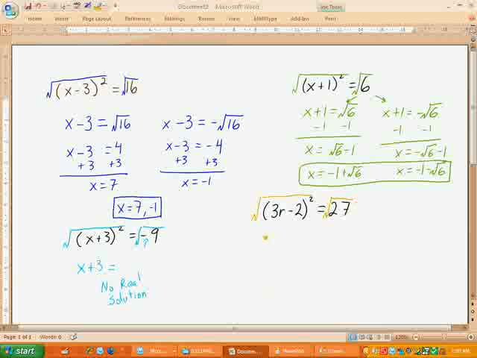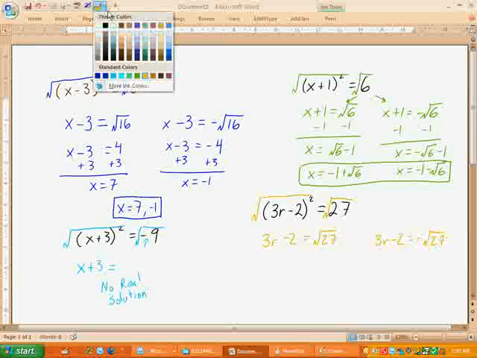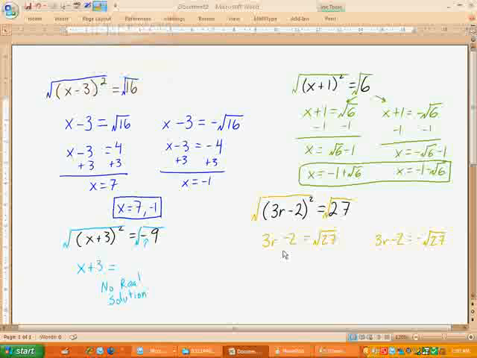And so I end up with 3r − 2 = the positive square root of 27, and 3r − 2 = the negative square root of 27. Now, what we want to do here is add 2 to both sides. We'll solve each side individually.